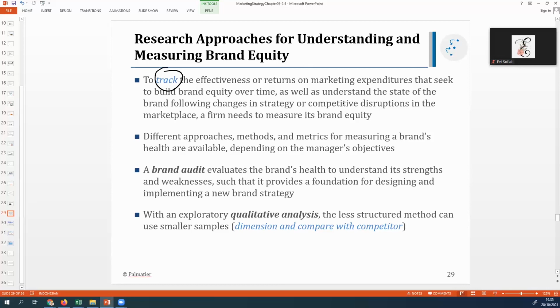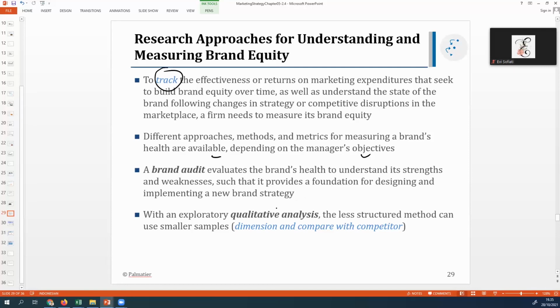So there are different approaches, methods, and metrics to measure the brand health that are available, depending on the objectives. So let's say a brand audit that evaluates the brand health to understand its strengths and weaknesses, such that it provides a foundation for designing and implementing a new brand strategy.